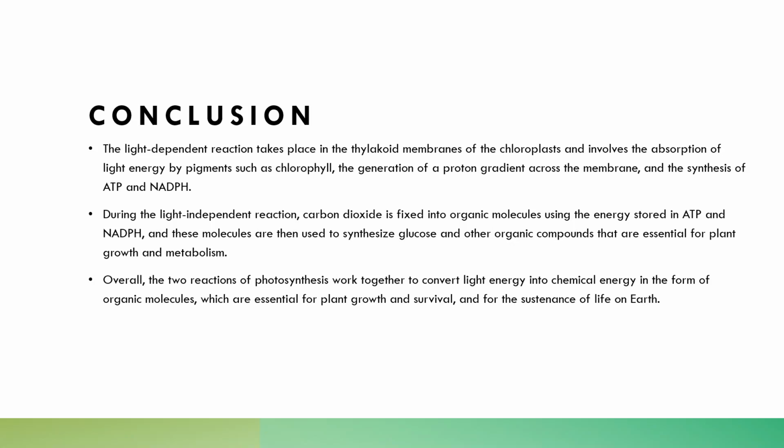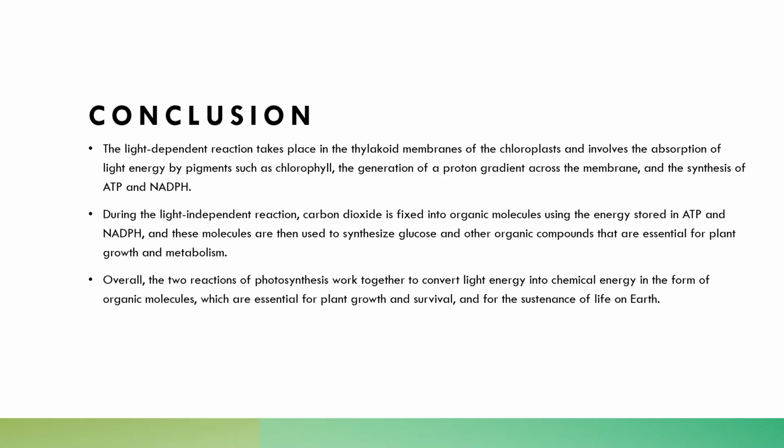The light-dependent reaction takes place in the thylakoid membranes of the chloroplast and involves the absorption of light energy by pigments such as chlorophyll, the generation of a proton gradient across the membrane, and the synthesis of ATP and NADPH. These energy-rich molecules are then used in the light-independent reaction, which takes place in the stroma of the chloroplast.